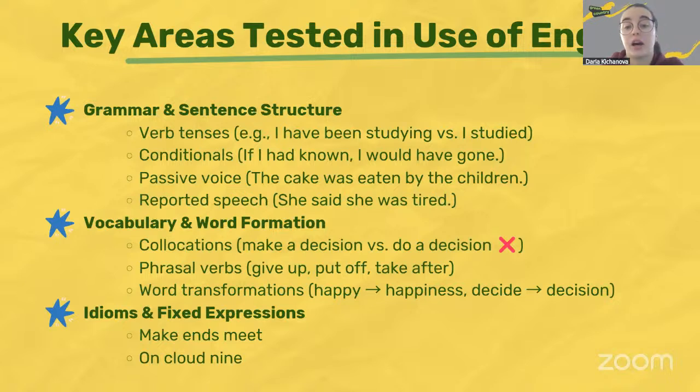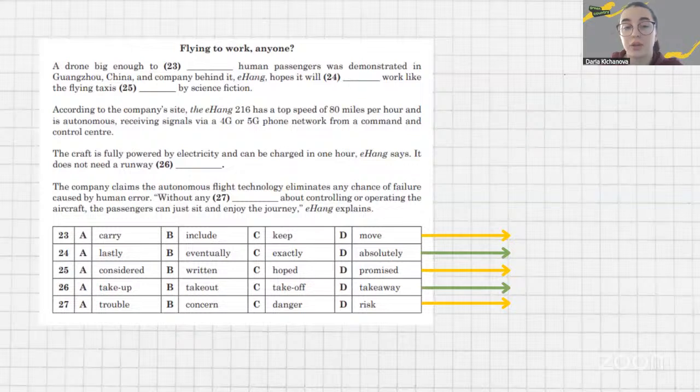So now I want us to take a look at the task and analyze what kind of vocabulary topic we have here. There we can have phrasal verbs. We have words with similar meanings, some synonyms maybe, or just words that may be used in these gaps.